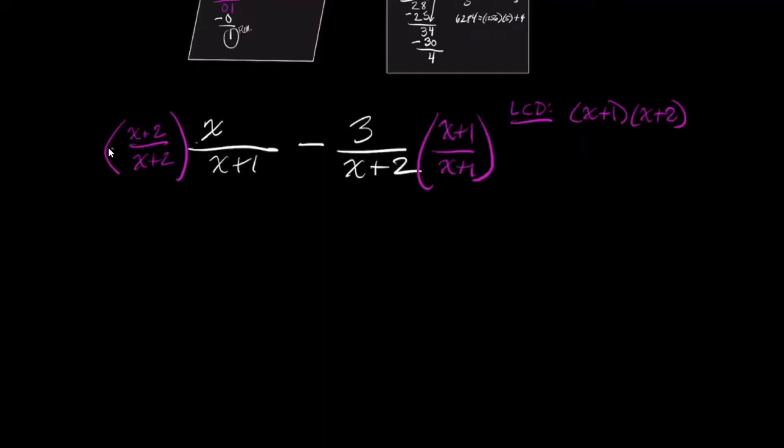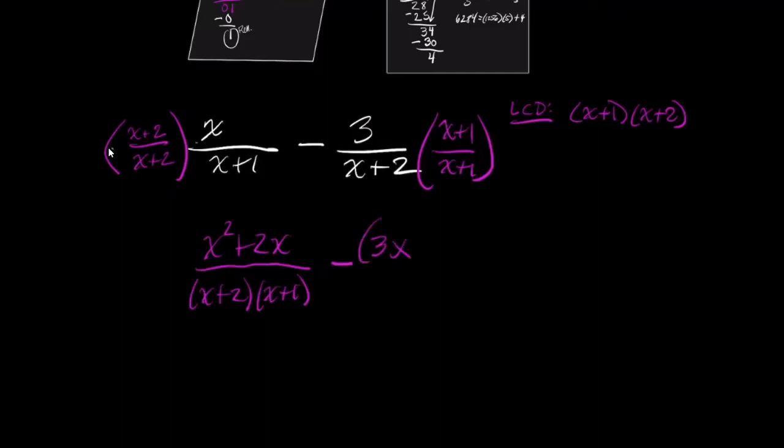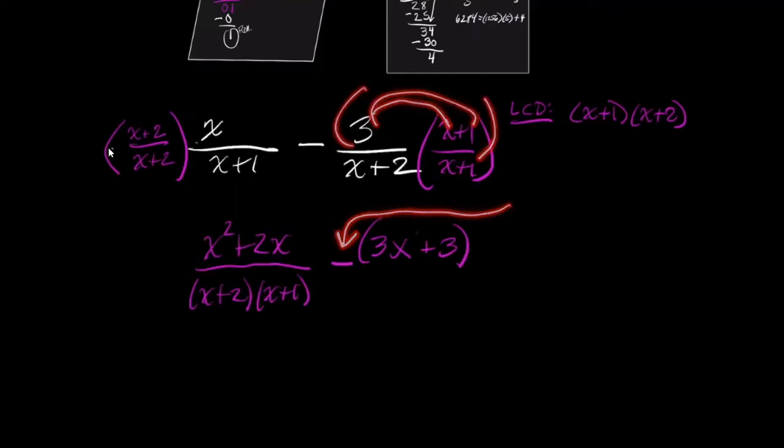So what we have here is x times x plus 2, that would be x squared plus 2x, over the common denominator. Then we're subtracting 3x plus 3, and we put this in parentheses because we're subtracting the whole thing. Again, make sure we keep track of this negative sign, because we're going to have a 3x and a 3, but we have to subtract that whole thing.